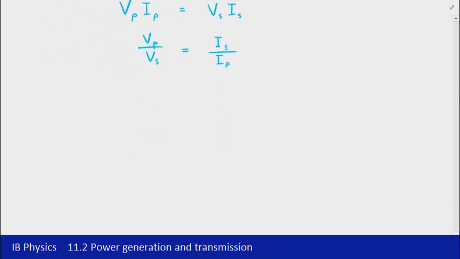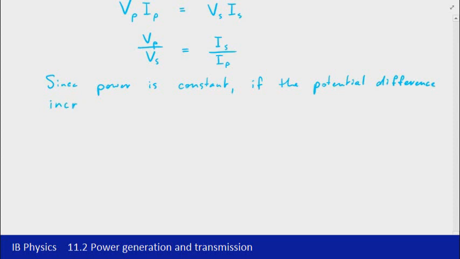And since power is constant in this case, given that it's an ideal transformer, if the potential difference increases, that means that the output current will decrease.